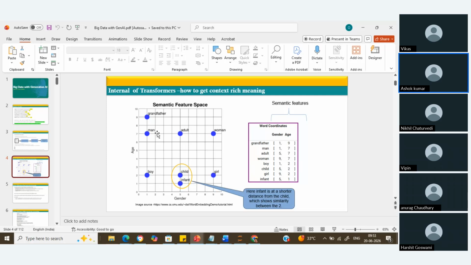You just need to pay attention, because these are the basic building blocks, and you need to grasp this information. If you have this information, the GenAI journey will be very simple for all of you. So just pay attention.